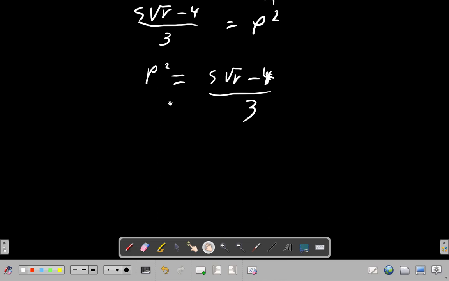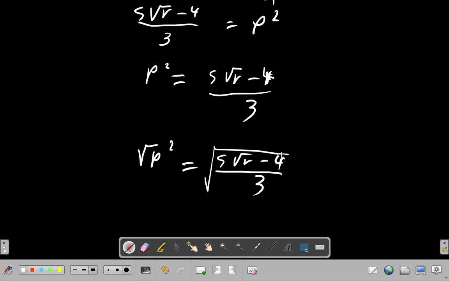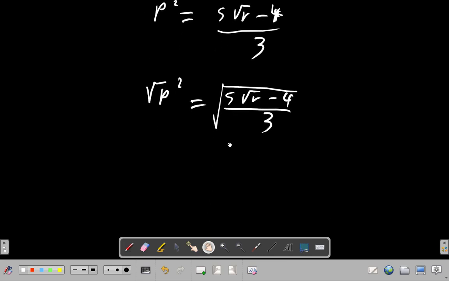You have p squared. To go from p squared to p, you must square root p squared. Alright? So you square root p squared equals s square root of r minus 4 divided by 3. You must square root this as well. Now what is the square root of p squared? It is just p. Remember, if you have the square root of 3 squared, what will this give you? 3 squared is 9.